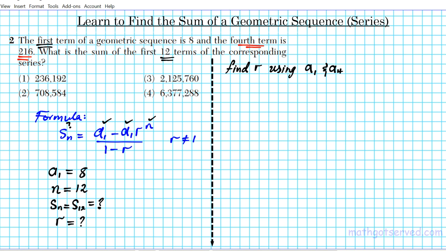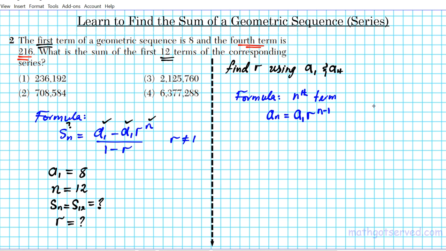Let me specify the name of the formula so we don't get it confused. The nth term formula is an is equal to a1 times r raised to the n minus 1.